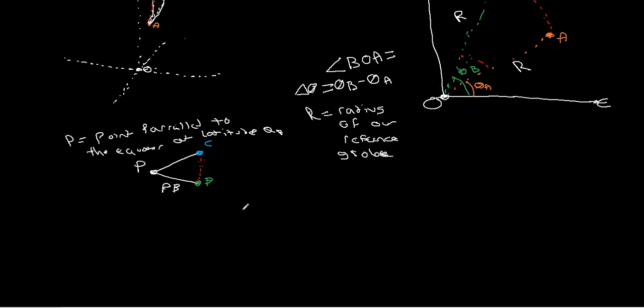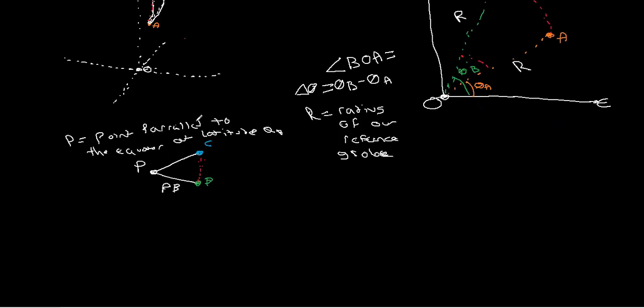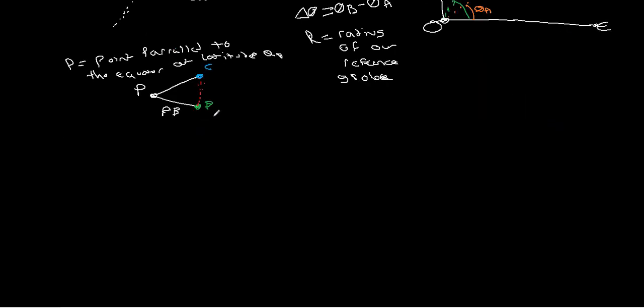And to do that, we're going to look at another triangle that's sort of hidden away in here. And that's the triangle formed by P, C, and A. So let's look at another triangle. You have point P here, and we have point O here.